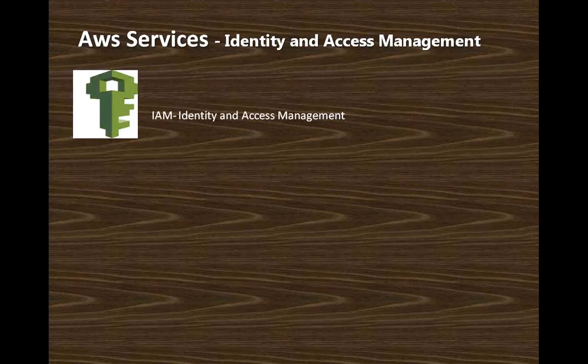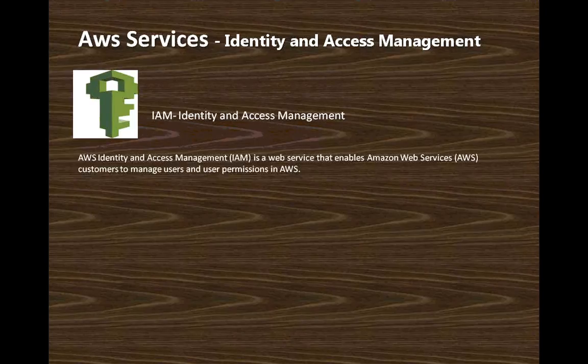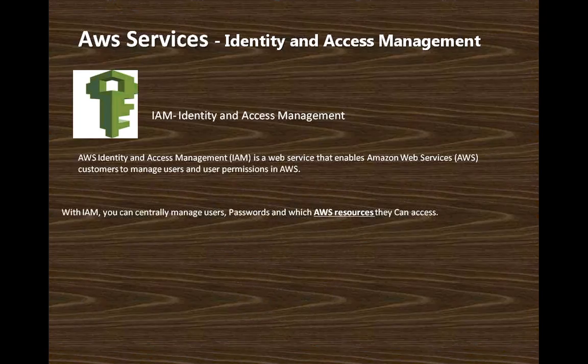Identity and access management, like discussed, is a web service that enables Amazon customers to manage the users and users' permissions in AWS to control the resources, basically. So IAM is like, in a typical Windows environment, Active Directory services, with the help of which we centrally control and manage different users, groups, and resources inside our organization.